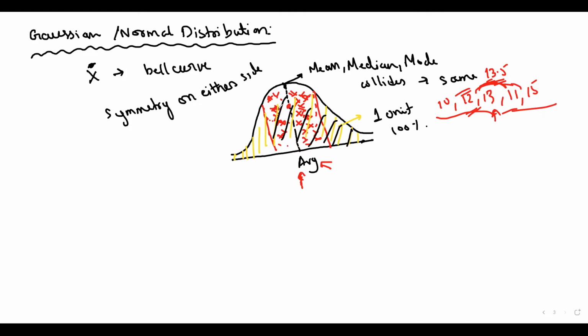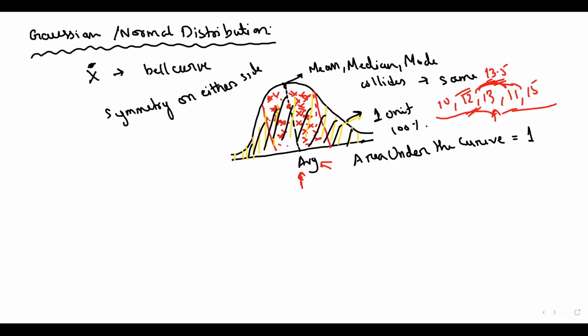That's why we say it is 1. So the area under this curve will be 1 or 100%. So this is Gaussian distribution, guys.